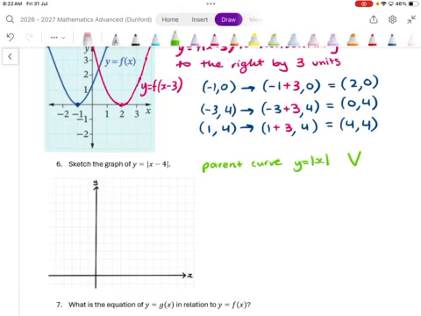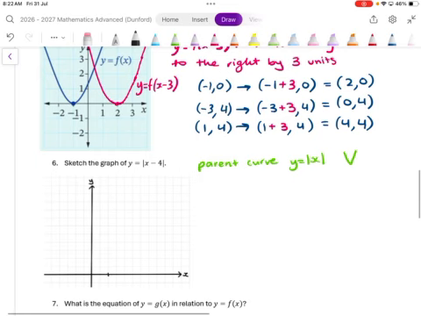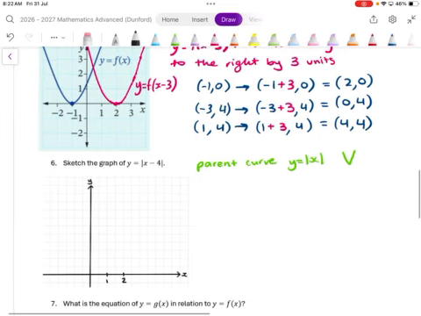Now, I haven't provided any numbers on this, which is fantastic. So 1, 2, 3, 4, 5. 1, 2, 3, 4, 5, minus 1, minus 2.